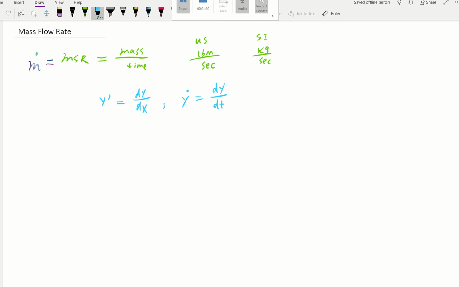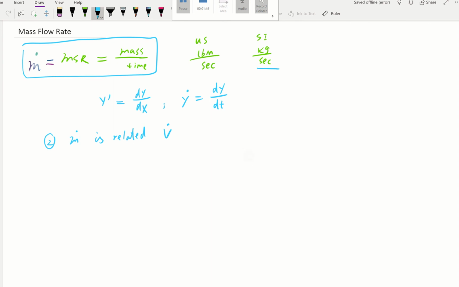Okay, so knowing that mass flow rate is mass over time and has units of kilogram per second, how is mass flow rate related to volume flow rate? There was an earlier video talking about volume flow rate. If you need to review, click on that one.